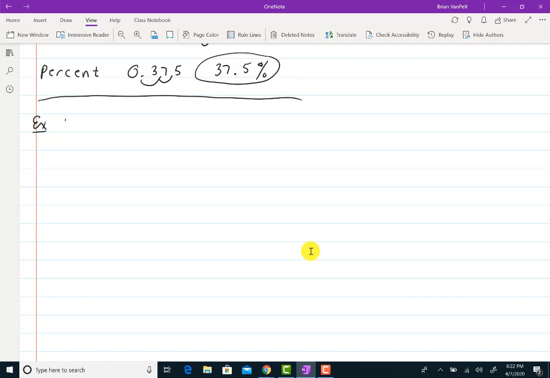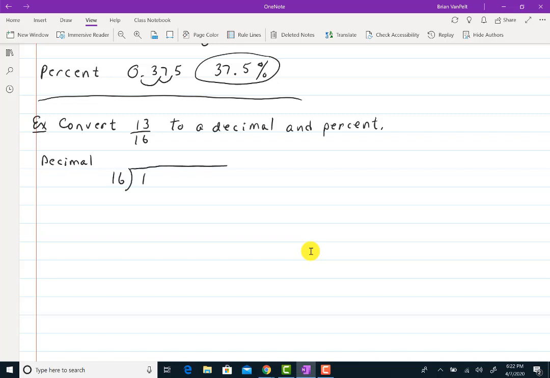Let's convert 13 over 16 to a decimal and percent. So let's start with the decimal. I'm going to do 16 goes into 13.